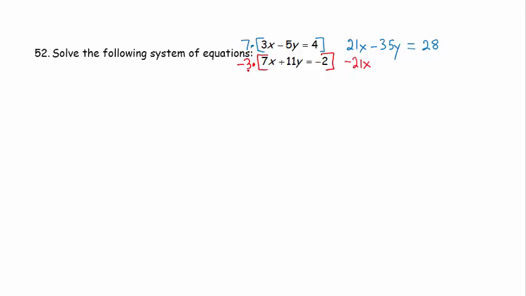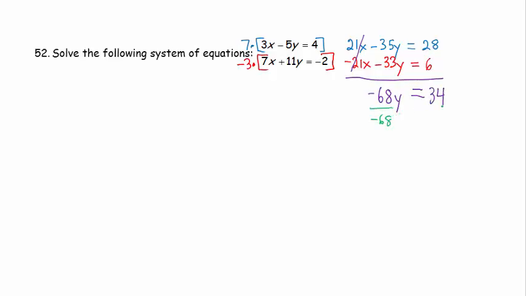Negative 21x minus 33y. Negative 3 times negative 2 is positive 6. Now when I add these two equations together, bring down that equal sign first, 21x plus negative 21x is 0x, temporarily eliminating x. Negative 35y plus a negative 33y is negative 68y. 28 plus 6 is 34.